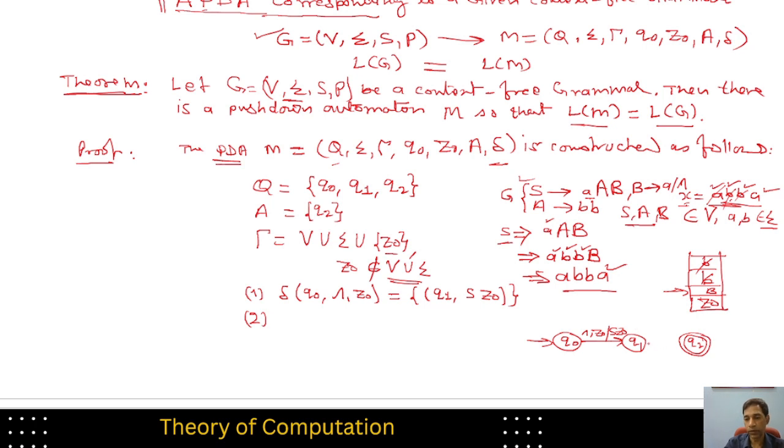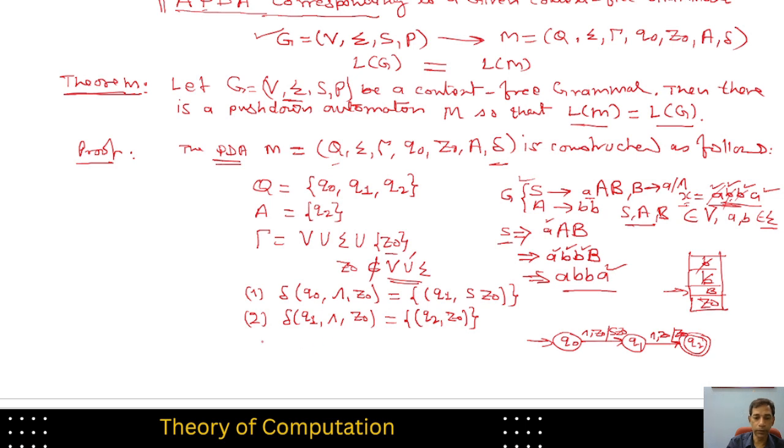Hence from Q1, if you see that the top is Z0, you can go to the final state. So the next transition is: if you are at the state Q1, input is null and top is Z0, then you go to the final state Q2, and we are not going to change the top symbol, it remains the same. So this is the transition.